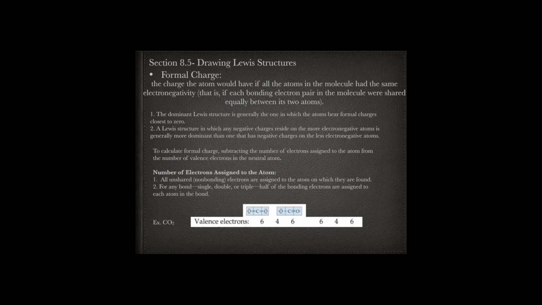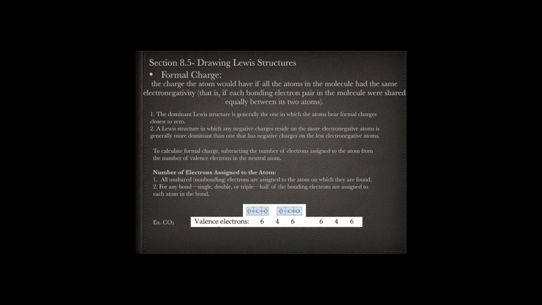So for that oxygen, the double bond represents 2 electrons, therefore it has 6 electrons assigned. That carbon has 2 double bonds, so that's a total of 4 electrons, and then the oxygen on the other side has 6 again.